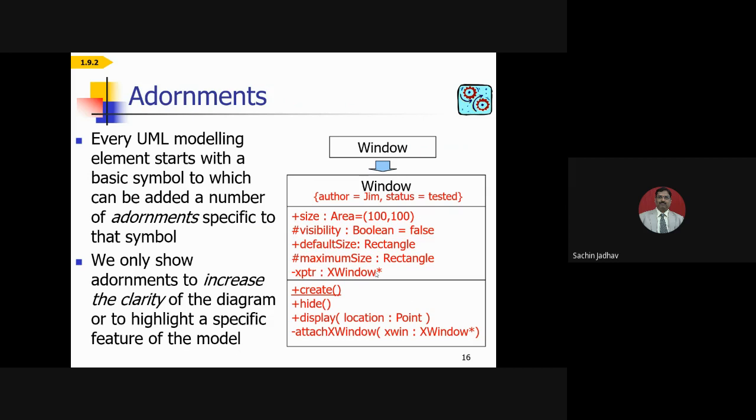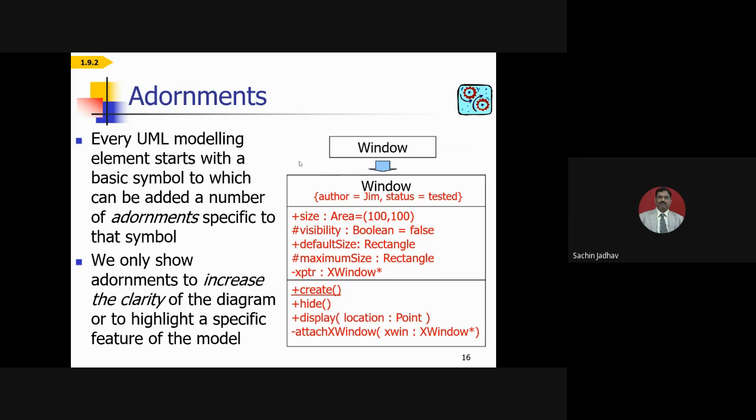Every modeling element starts with a basic symbol to which a number of adornments specific to that symbol can be added. We only show adornments to increase the clarity of the diagram or to highlight a special feature of the model. For example, as we know, in an object-oriented system, each and every element may be private, public, or protected.